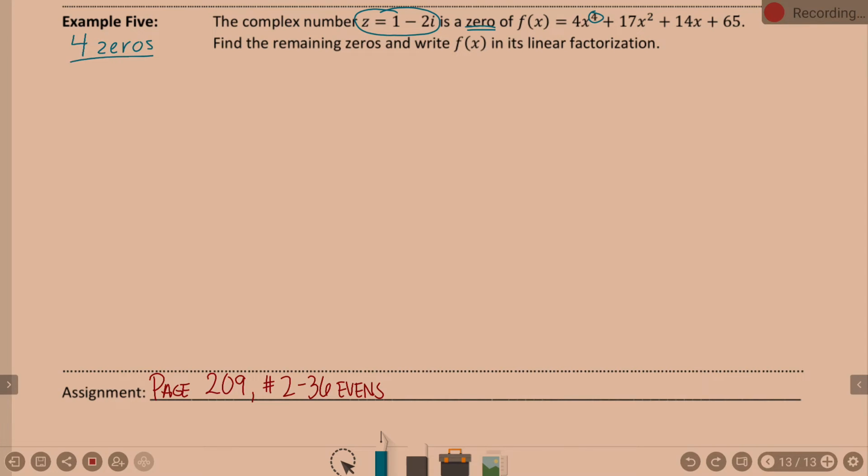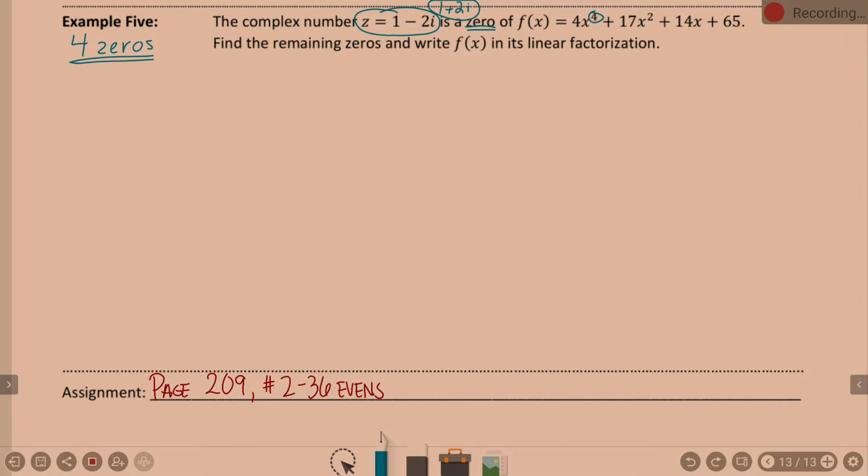What do I know right now? We know 1 minus 2i. Do we know another one? We do. Yeah. 1 plus 2i. Okay, remember complex conjugate zero theorem, I think it's something like that, whatever it's called. Back on page 1. Okay, that complex conjugate theorem. If 1 minus 2i is a 0, then we also know the conjugate 1 plus 2i is a 0.